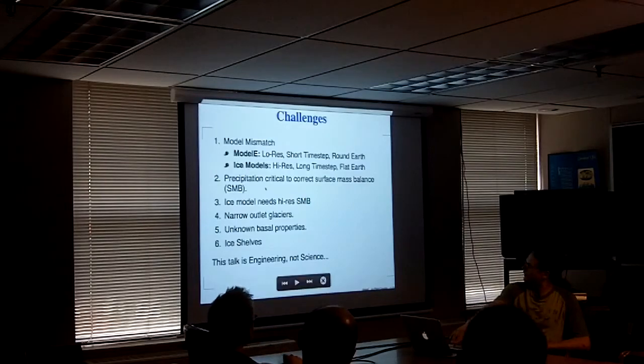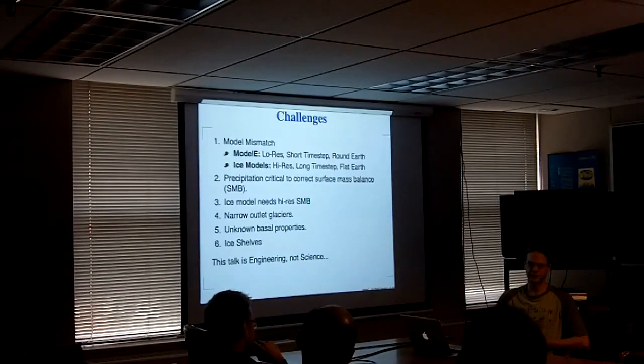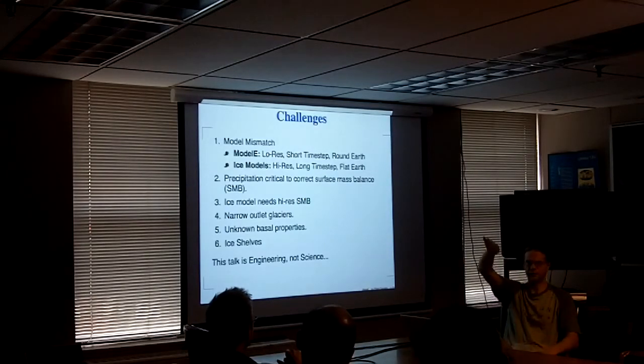Another challenge is that you really need to get the precipitation right. There are these orographic precipitation models and corrections that right now we're not using in ModelE that could maybe distribute it better. At the edge of an ice sheet, you have this slope up.